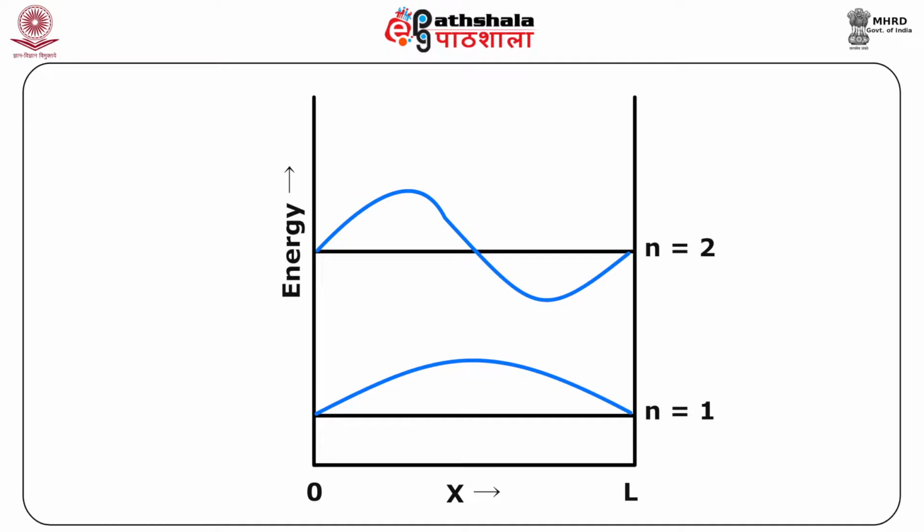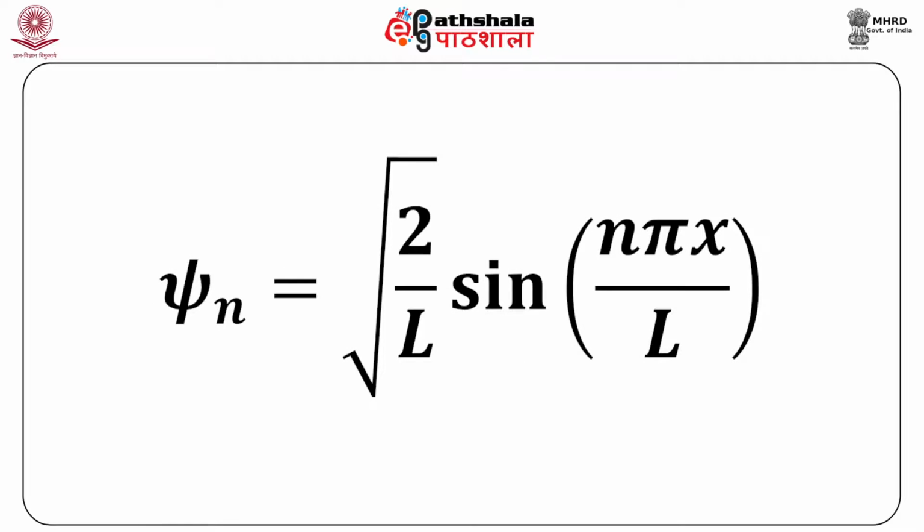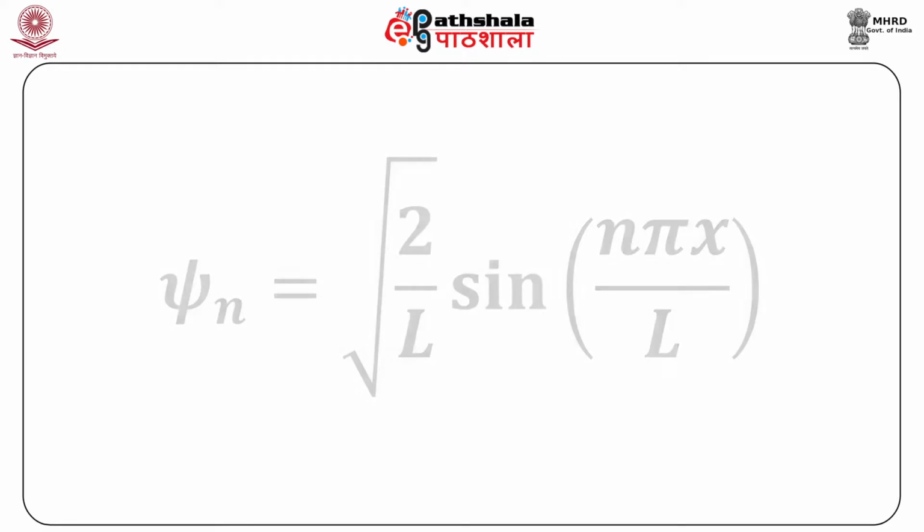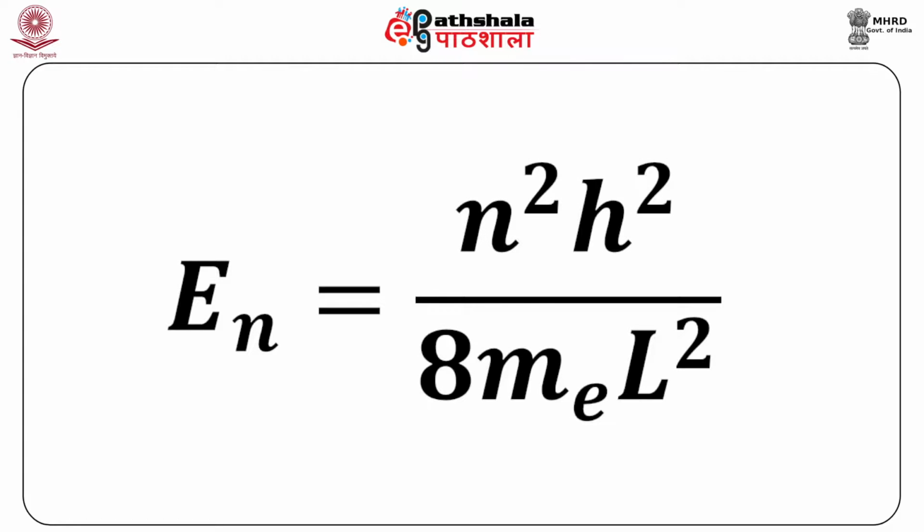Briefly, in this problem, an electron is assumed to be trapped in a one-dimensional box of length L. The electron can move only in one dimension, but it is trapped in a box of length L. You know the quantum mechanical solution: you get wave functions psi n, where n is a quantum number, and the normalized wave functions are square root of 2 by L times sin(n pi x by L), and the corresponding energies E n are given by n squared h squared by 8 m L squared.